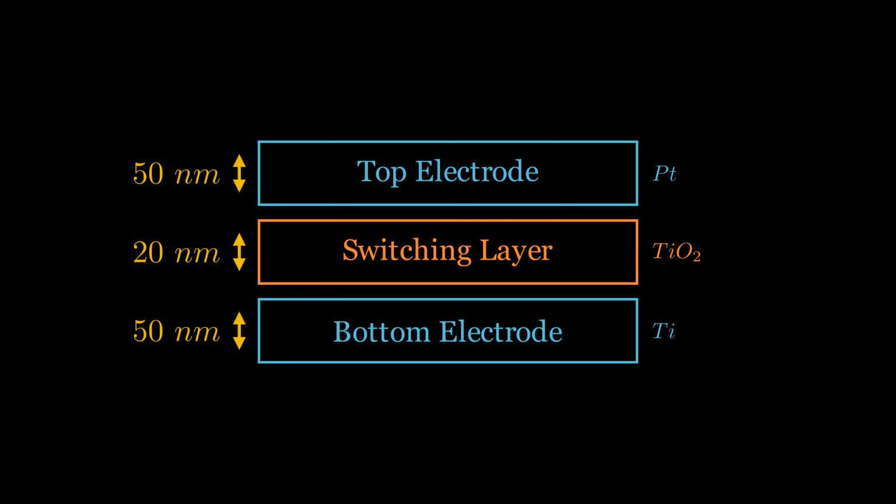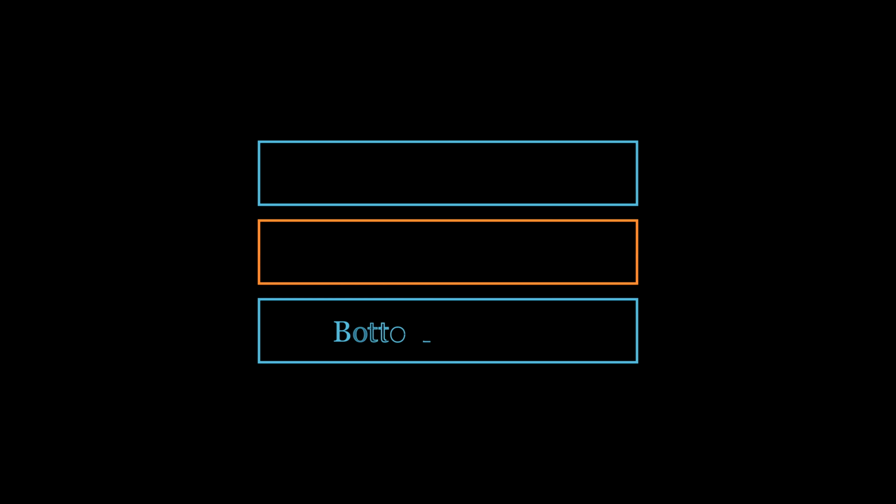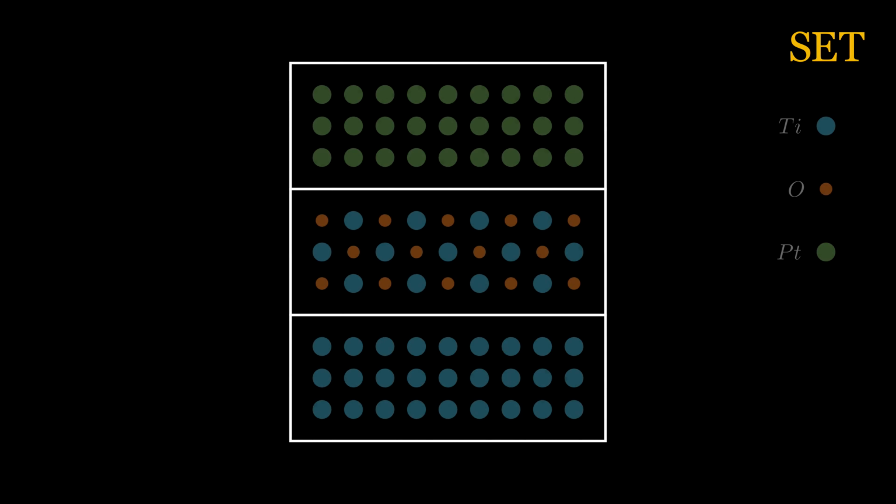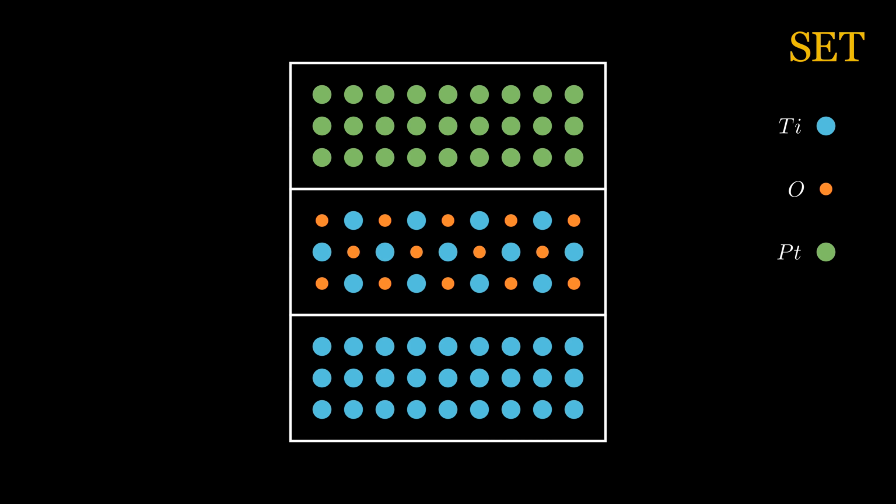The memory writing operation of a memristor can be classified into two categories, namely set and reset processes. Let's talk about the set process first. Here the atomic arrangement of a memristor is schematically illustrated, where the blue atoms are titanium, orange atoms are oxygen, and green atoms are platinum.